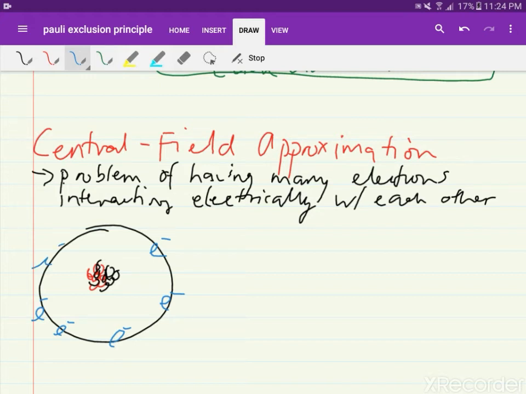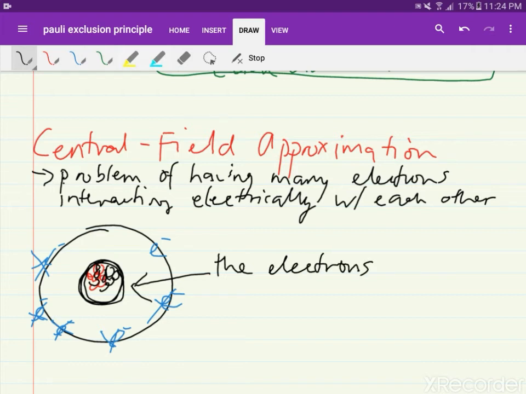What this central field approximation does is take away all the electrons here, and treat the nucleus as if these electrons are balancing out its whole charge.